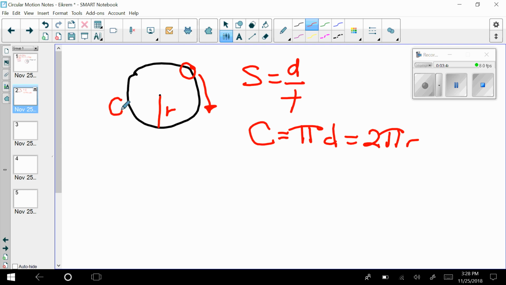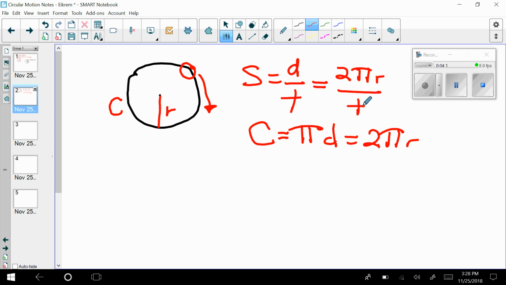Okay, so for this case, to calculate the speed of an object moving in circular motion, and this is an object which is moving in uniform circular motion, which means it's moving at a constant speed in a circle, we can calculate that by saying 2 pi r over the time.